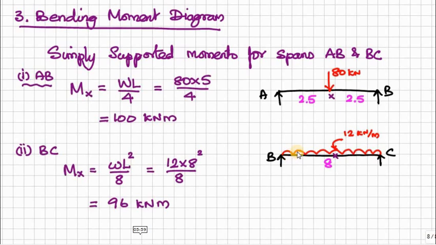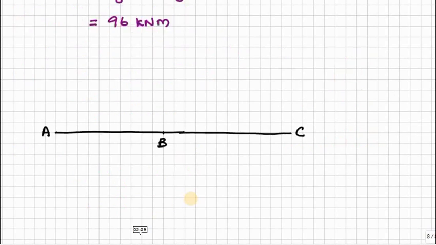For span BC we have UDL, so the maximum moment occurs at midspan, which is equal to WL squared by 8, which is equal to 96 kilonewton meter. First we draw the support moment, then we will overlap the simple support moment.